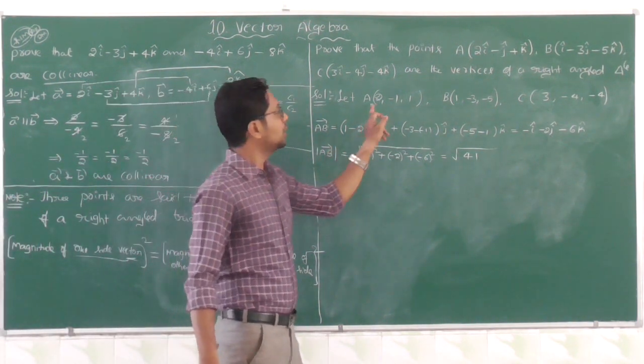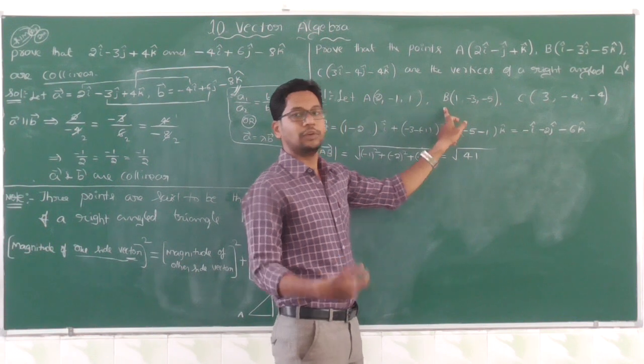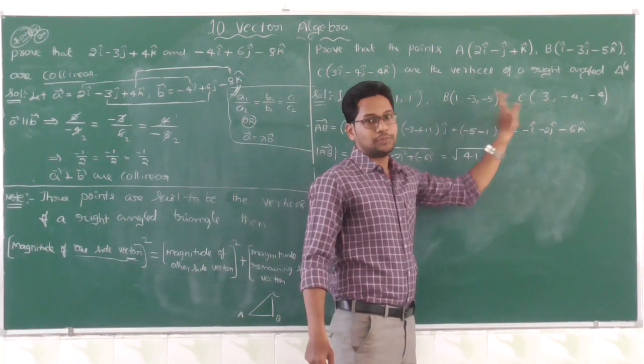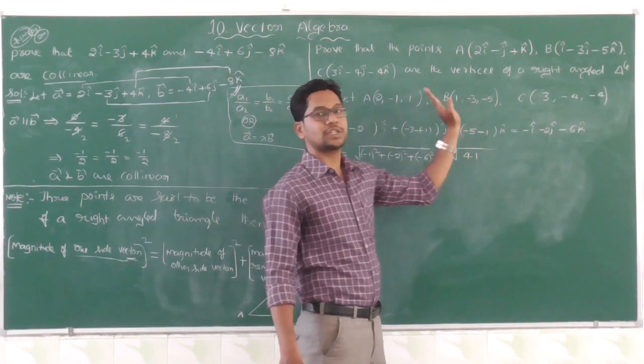AB vector is over. Next, we move on to BC vector, after that CA vector.